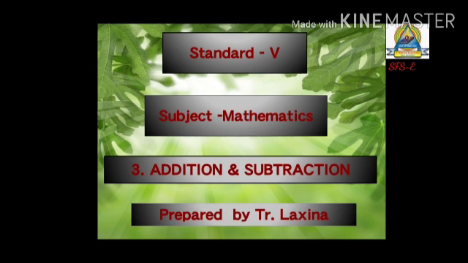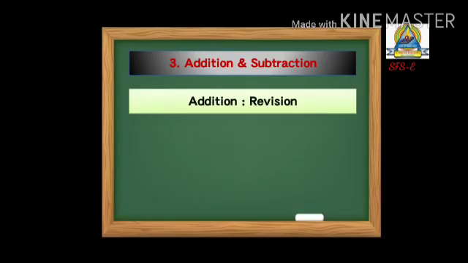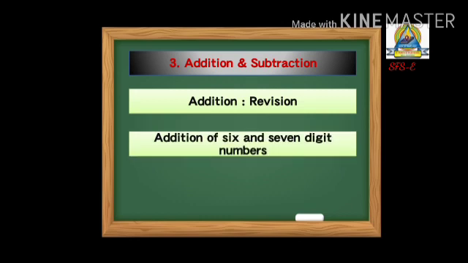Now, today we are going to see the third chapter, that is addition and subtraction. In this, we will see revision. In revision, we are going to see what you had learned previous year, and then addition of 6 and 7 digit numbers.